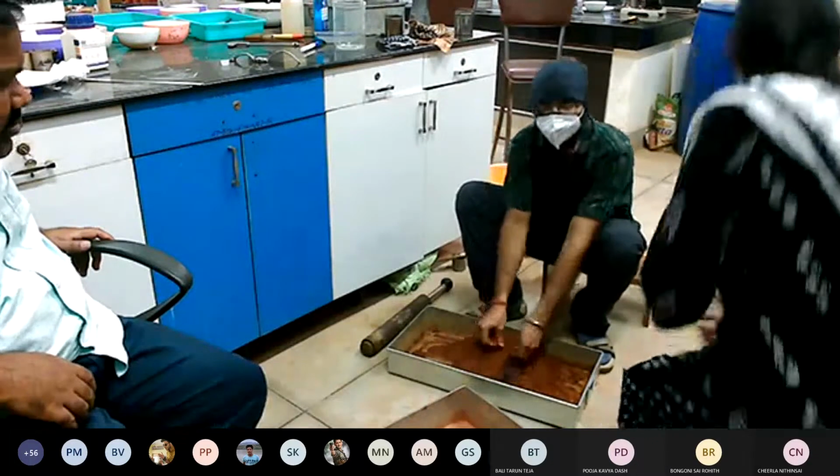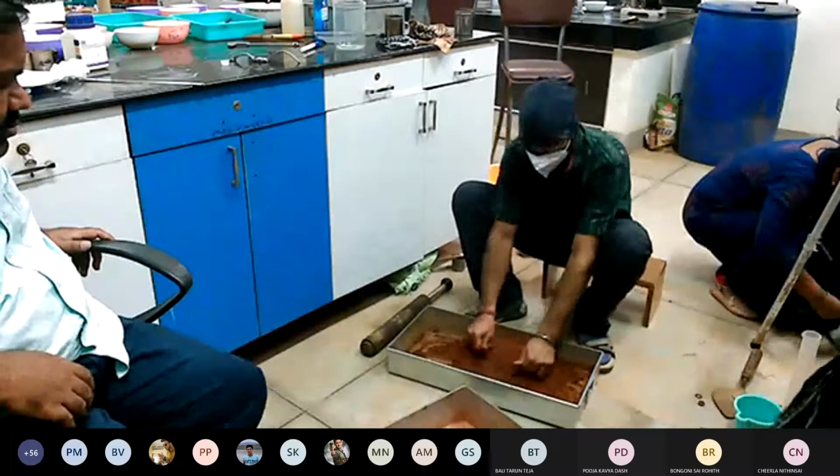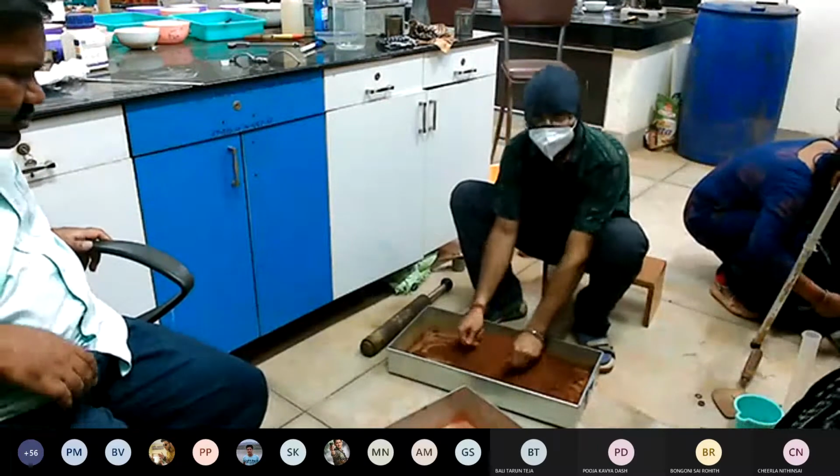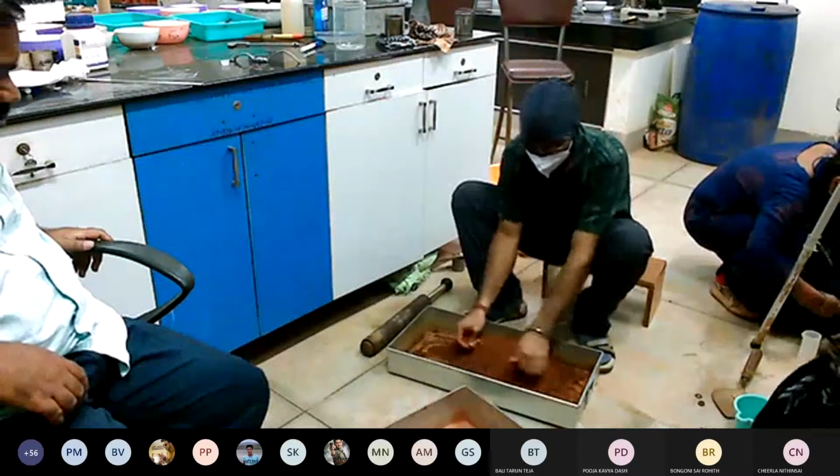We have to try to remove as many lumps as possible so that water is mixed more uniformly.